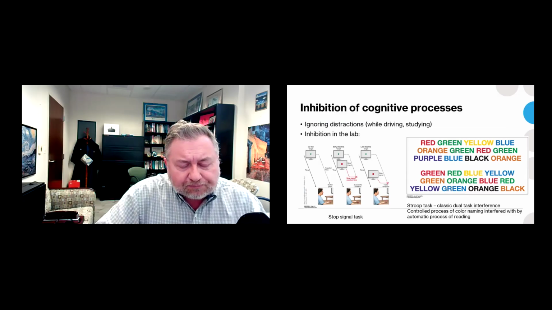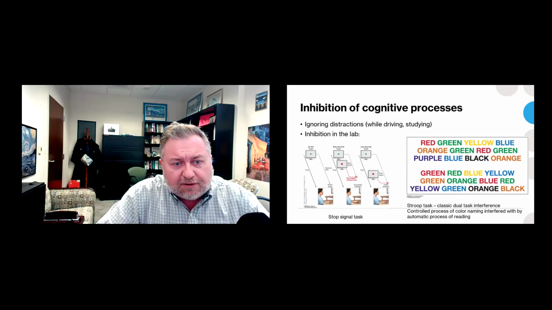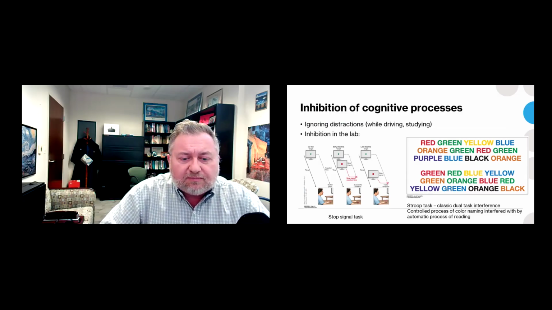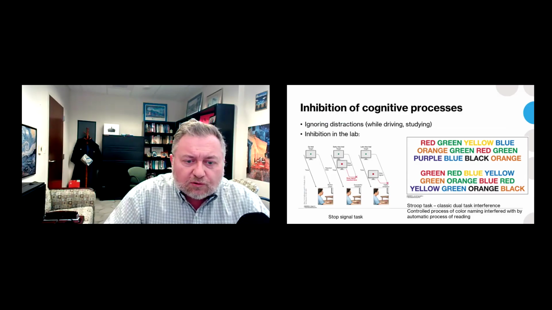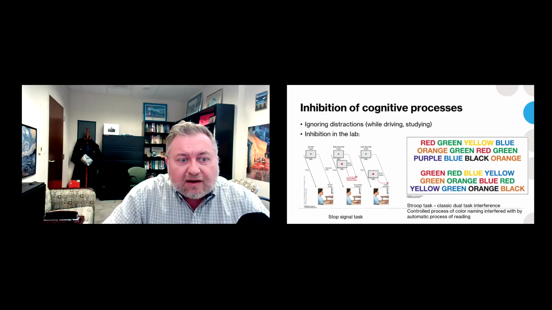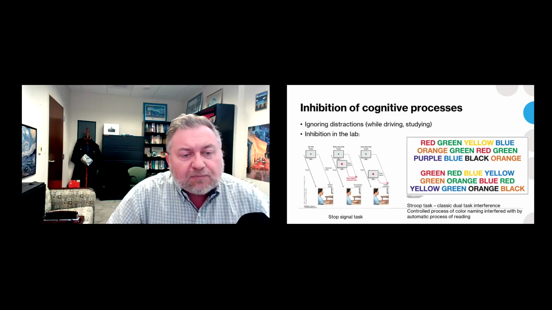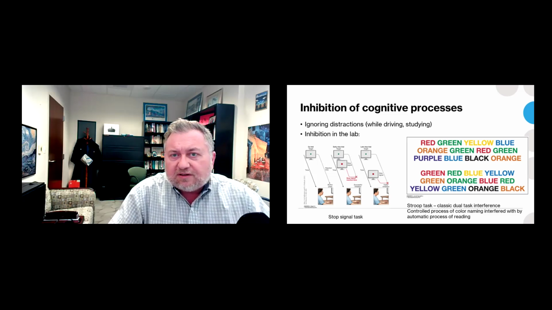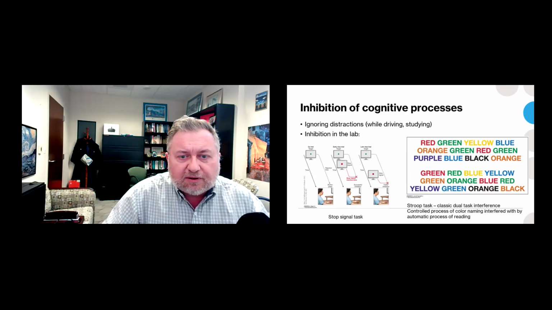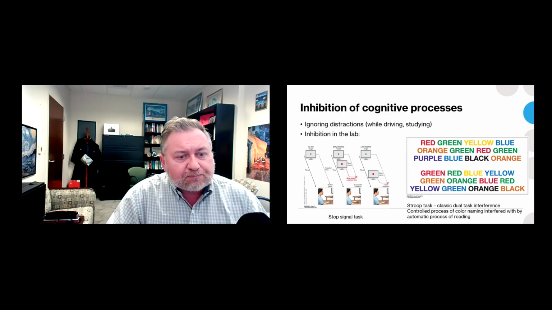Okay, now this idea though of distraction, right? Of things being hard to control, a task requiring some degree of control and inhibition, shows up in a couple of different tasks as well as all in these real world things. So I use the word inhibition here. We need to unpack this a little bit. So when I'm driving, studying, reading, whatever it is, and there's things going on in the background, those are distractions. They're task irrelevant, right?